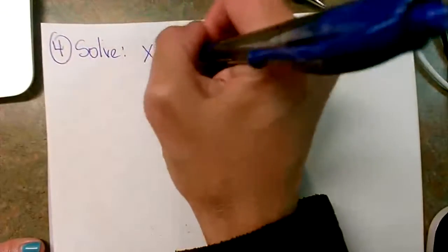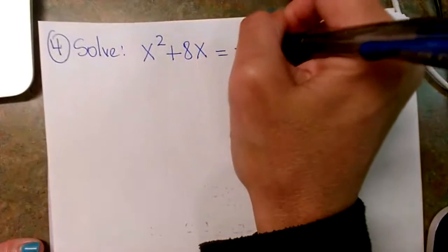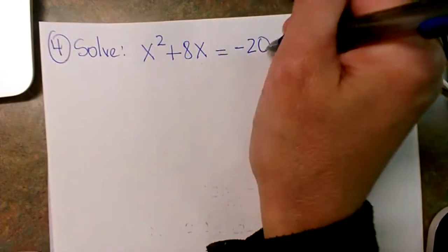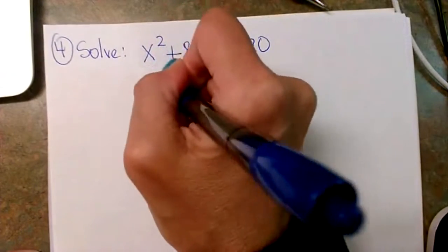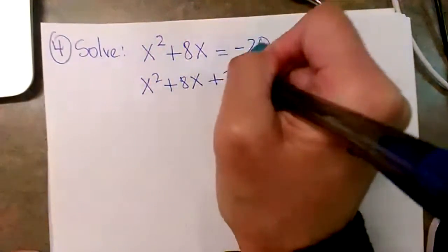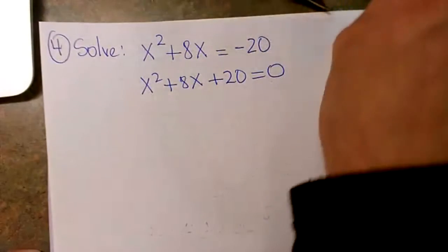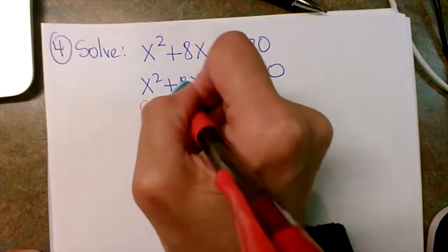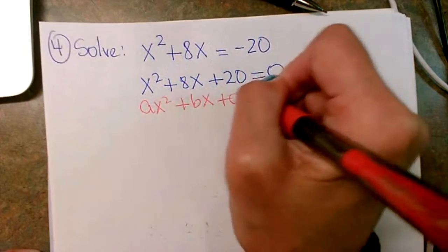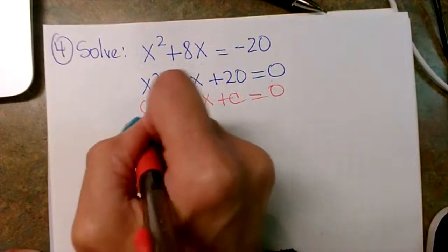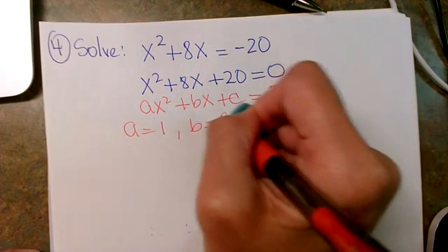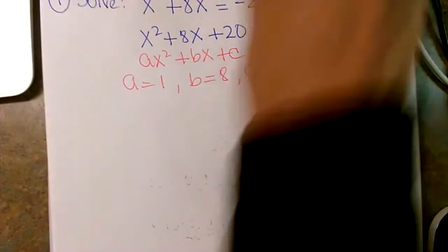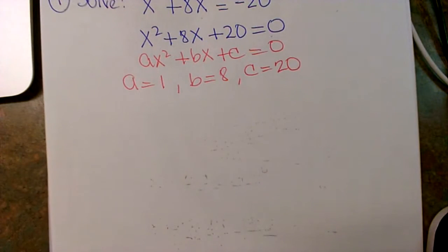X squared plus 8x. So what do we say we need to do? Move the x, move the 20, right? So it's going to be plus 20. Because we need what? Ax squared plus bx plus c equals to 0. Don't forget that. So a is equal to 1, b is 8, and C is 20. So let's apply the quadratic formula again.